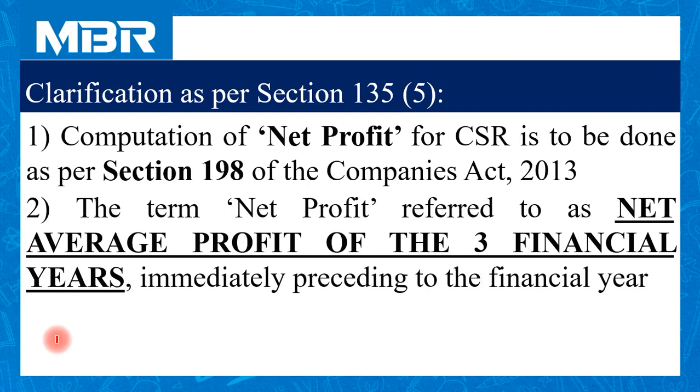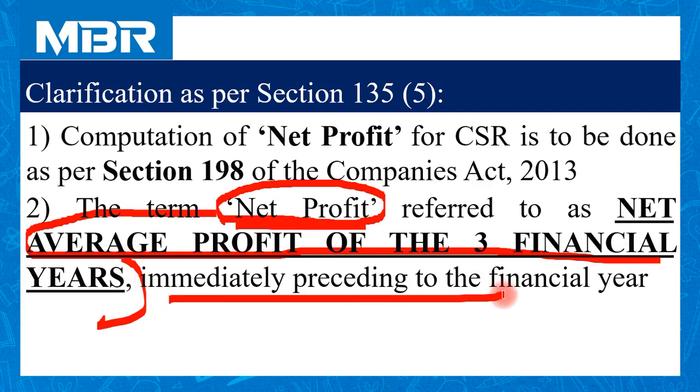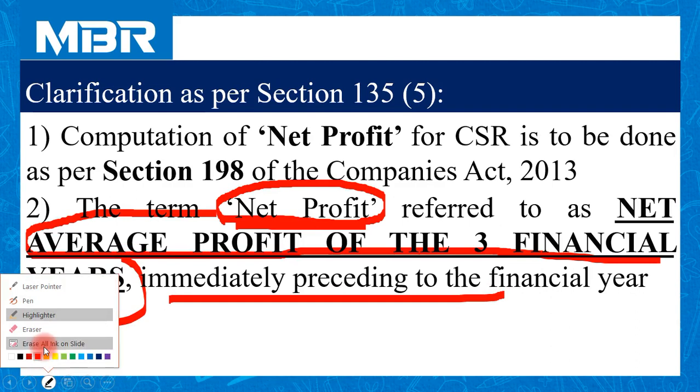Second, the term net profit is referred to as the net average profit of the 3 financial years immediately preceding the financial year. It is important. Whenever we are using the term net profit, it means net profit of not only that year. Here net profit means average net profit of the 3 financial years immediately preceding the financial year.